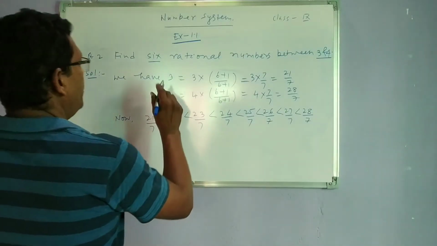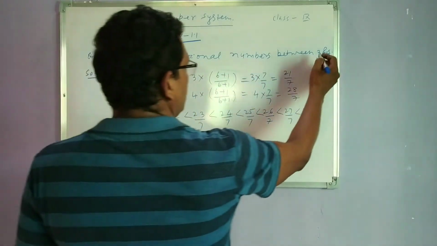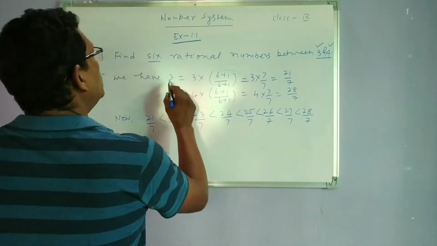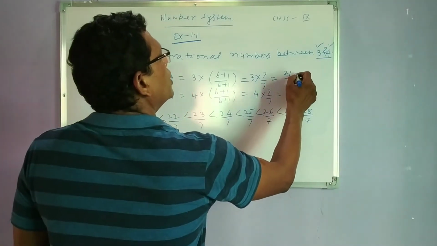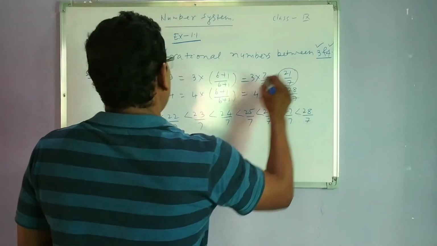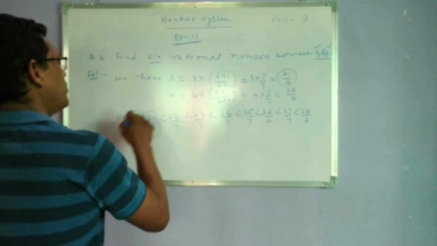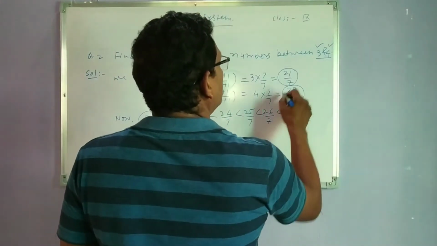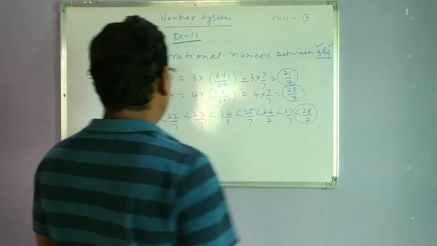Now we have to find 6 rational numbers between 3 and 4. So 3 is equivalent to 21 by 7, this number, and 4 is equivalent to 28 by 7, this number.